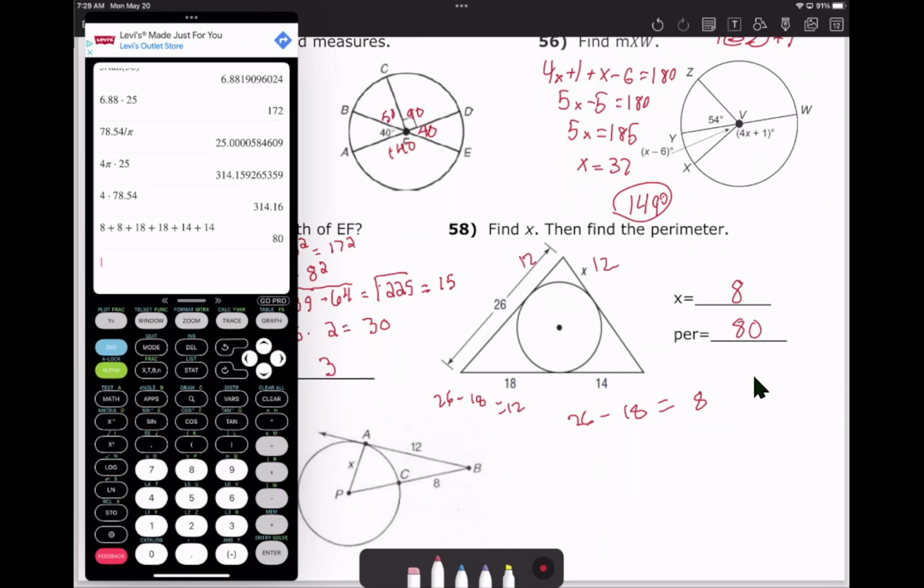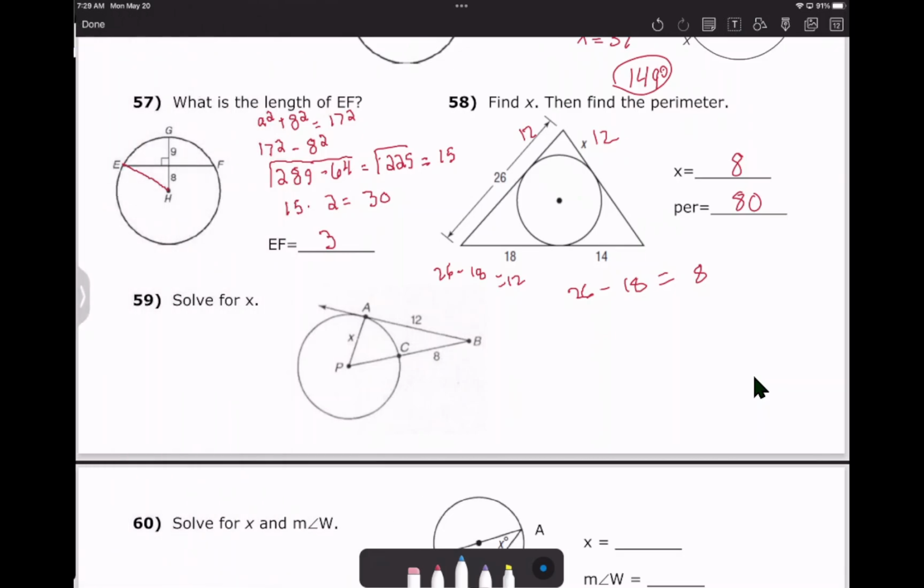All right. Onis is not here, so I will take number 59. This showed up on your tests, and a lot of people had trouble with it. So if this section is x, PC is also x, so PB is x plus 8. That is the hypotenuse. So x squared plus 12 squared is equal to x plus 8 squared.